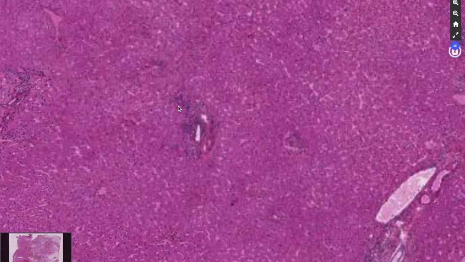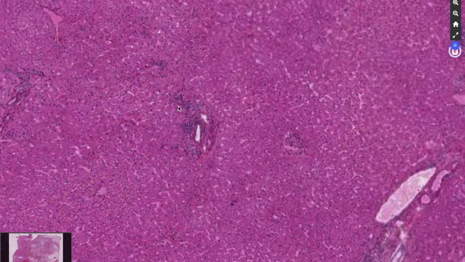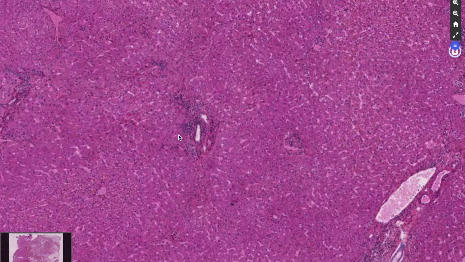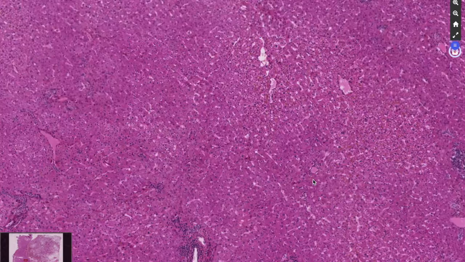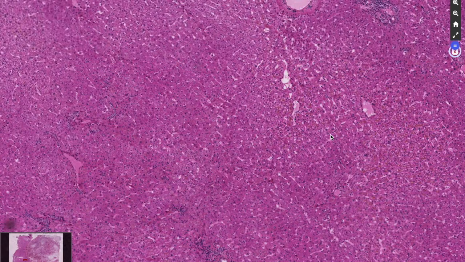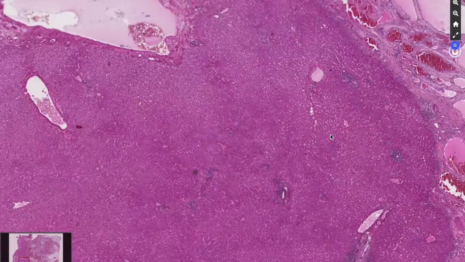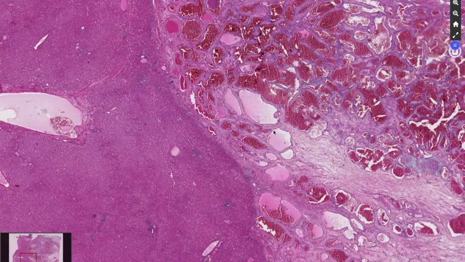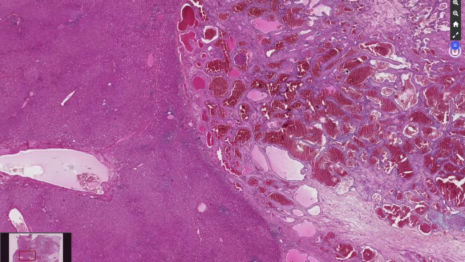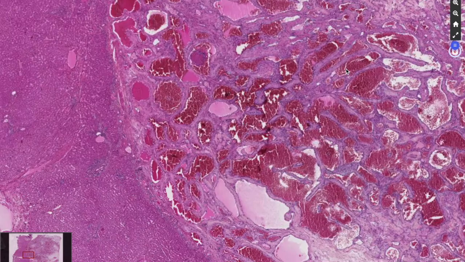So there was nothing really remarkable besides small inflammatory infiltrate in some portal tracts here again, but it seemed pretty normal. But now let's go and take a look at the liver tumor.